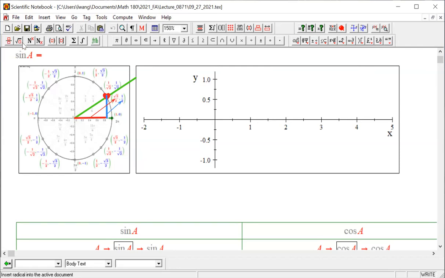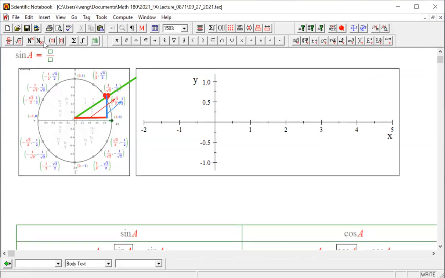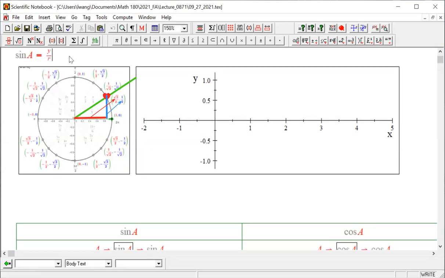It's y over r, right? But r is equal to 1. Therefore, this is just y, because r equals 1 on the unit circle. So that's a convenience we get.